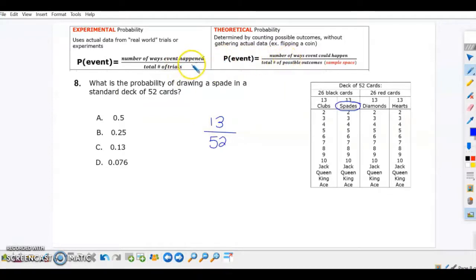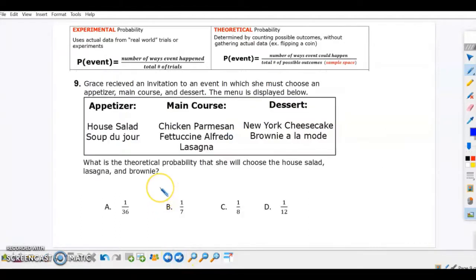It's just the wording is a little different. But the theoretical means you're saying what could happen, what would be most likely without actually testing it out. So, looking at the answer choices, which of those would be the same as 13 over 52? That would be 0.25. That's the same as 1/4. And that makes sense because 1/4 of the cards in the deck are going to be spades. That's a theoretical probability.